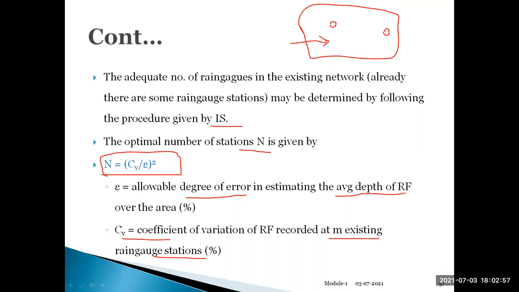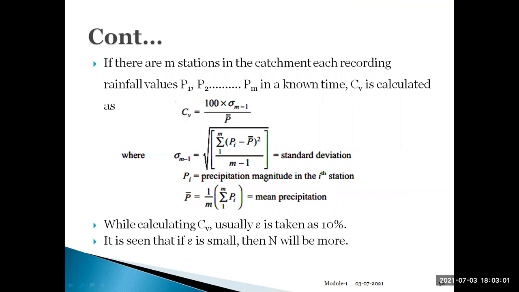So first N is calculated using CV divided by ε. CV is calculated using 100 × σ(m−1) / P̄, where P̄ is the mean precipitation. You know that it is the summation of Pi divided by M, where Pi is the depth of precipitation at the ith station. It may be 2 stations or 3 stations.